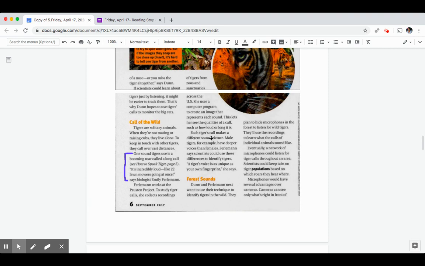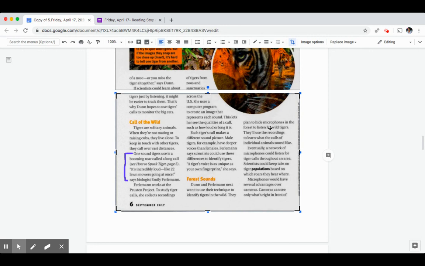Right. Well, in the text, it says that each tiger's call makes a different sound picture. So that means that no two tigers are going to have the same picture or sound exactly the same.